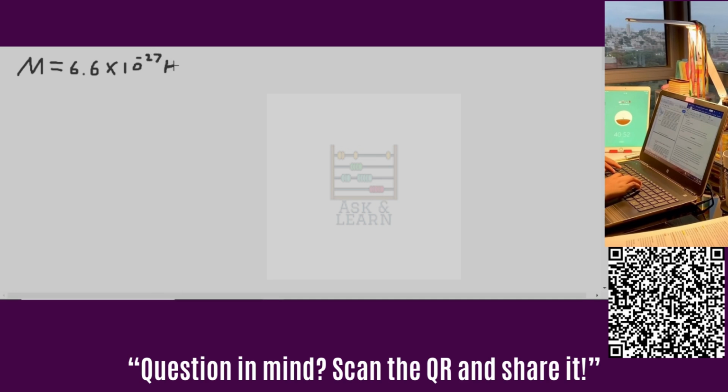It's a good idea to keep track of SI units and make sure we don't need to convert anything. This is in kilograms, which is SI, so that's good.